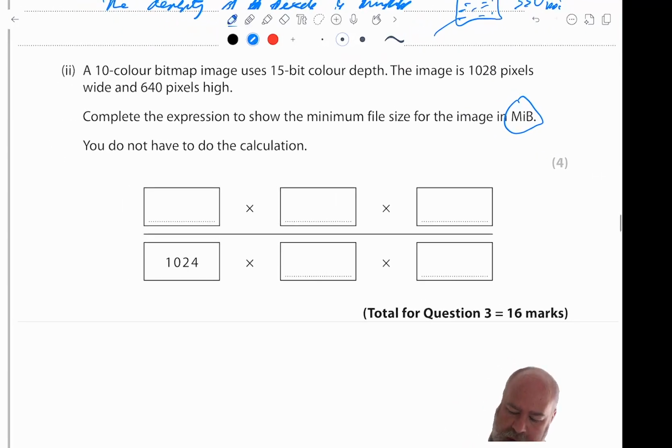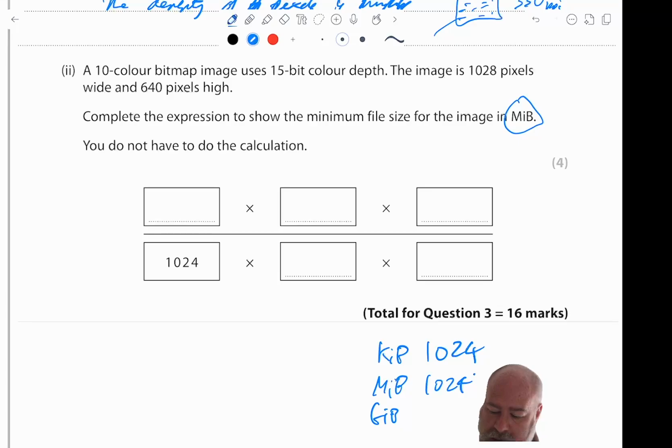What I would do is always just memorize KiB, MiB, and GiB. Just memorize it. So 1024 to the power of 2, power of 3. 2 to the power of 10 equals 1024: 1, 2, 4, 8, 16, 32, 64, 128, 256, 512, 1024.